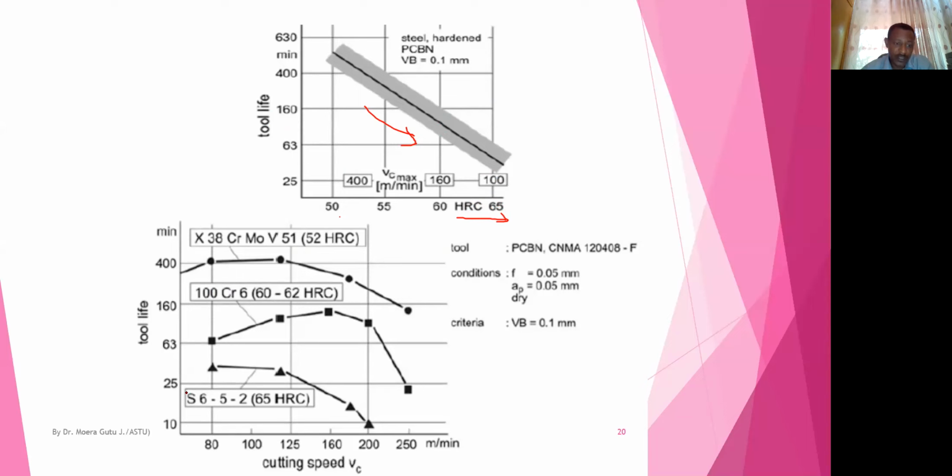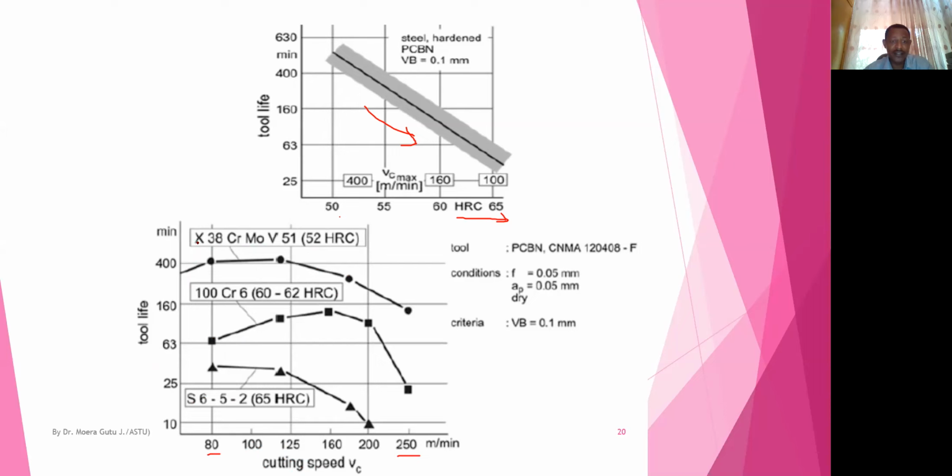So here, the second graph, you will see the tool life for different hardness materials. Okay, here the cutting speed. Also, the tool life depends on the cutting speed, as you increase the cutting speed from 80 up to 250 meters per minute for every hardness material.